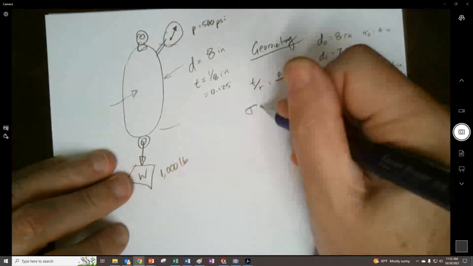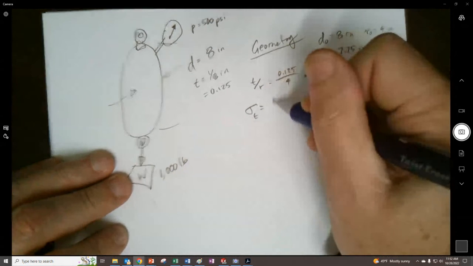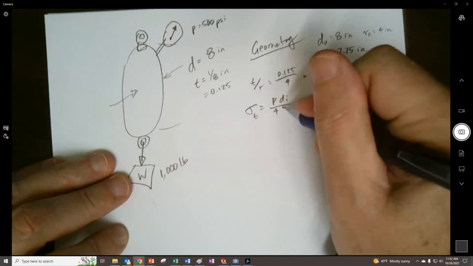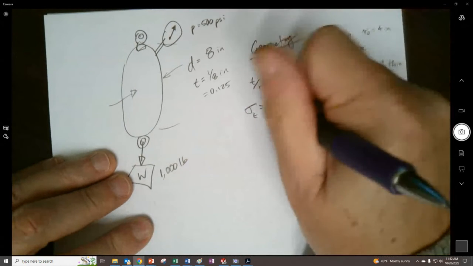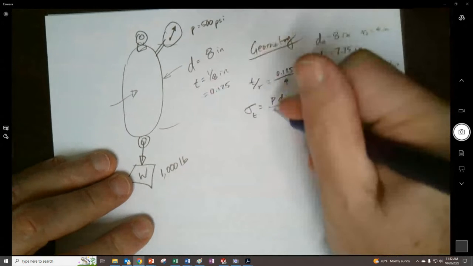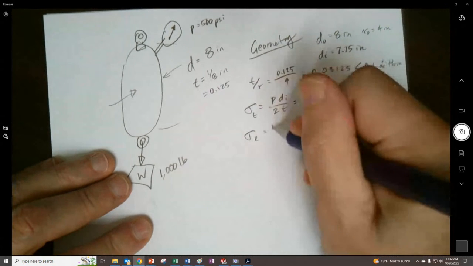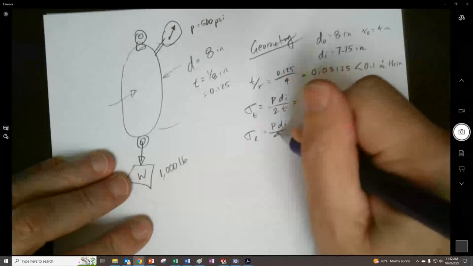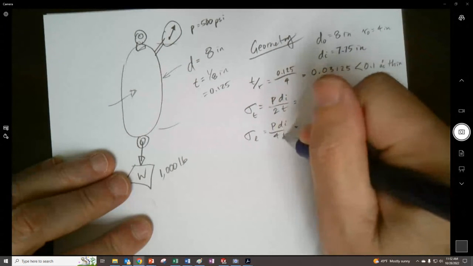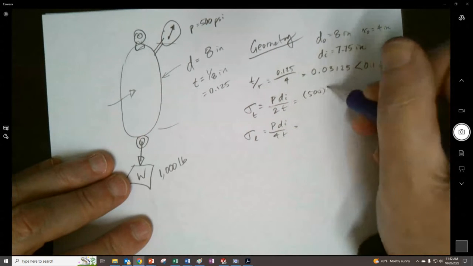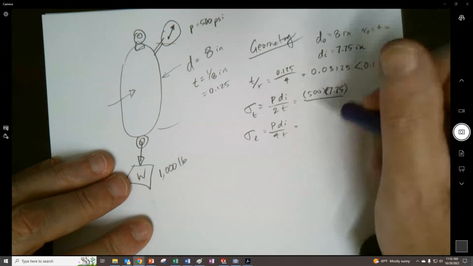So we're going to have a hoop stress of P times D_i over 4t, no, 2t. And longitudinal is going to be P D_i over 4t. The longitudinal is always less, right? So we're going to have our 500 times our 7.75. That's not a negative there, I just said stray mark.